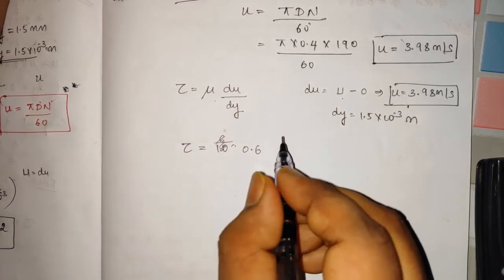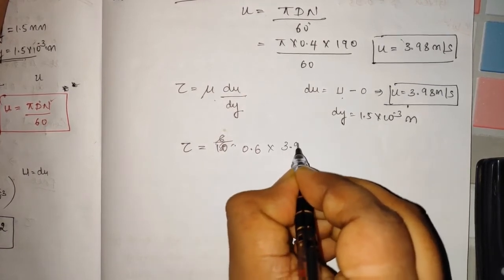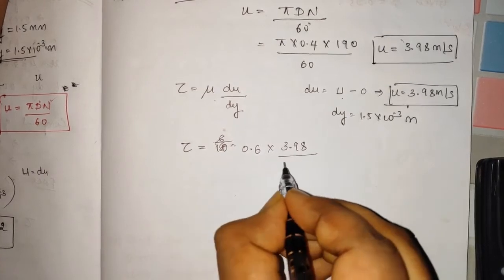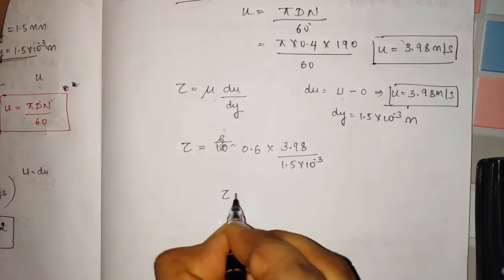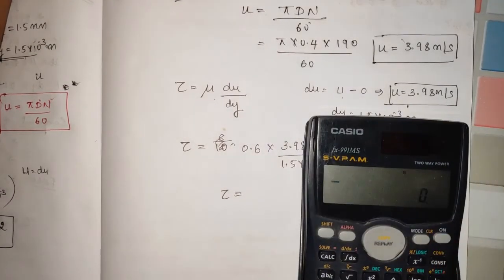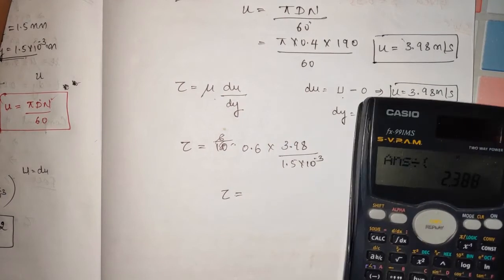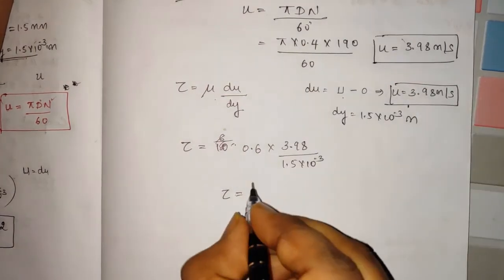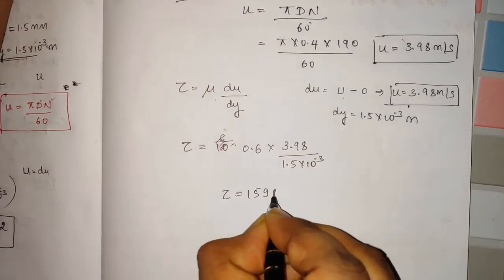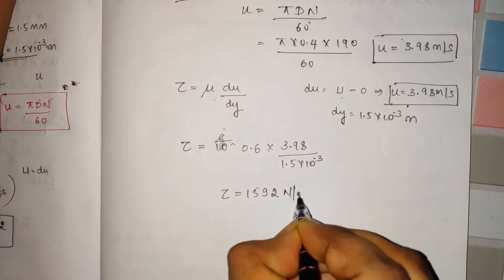So tau is 0.6 into 3.98 divided by 1.5 into 10 power minus 3. This value will be 1592 Newton per meter square.